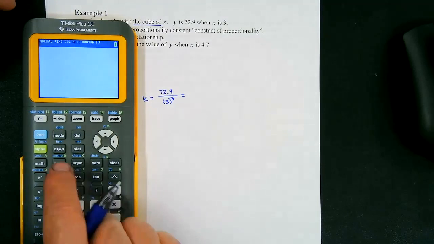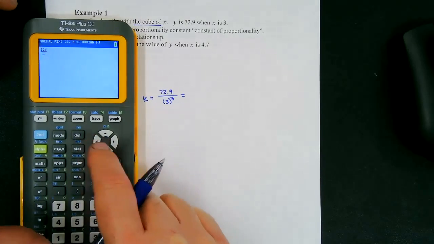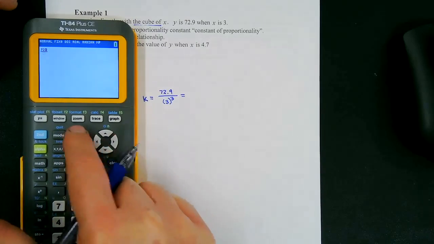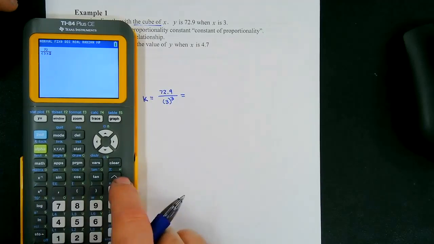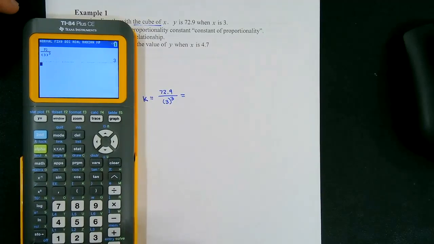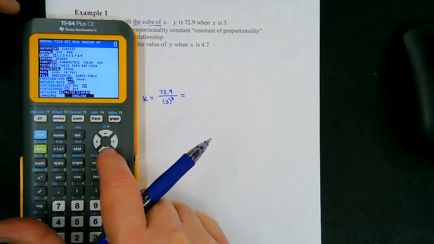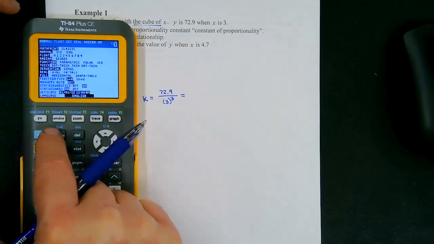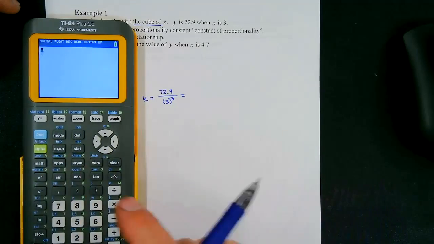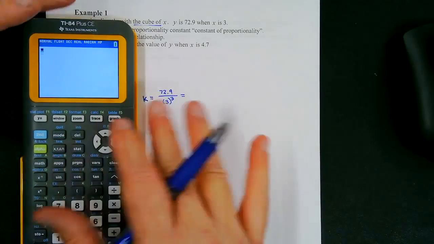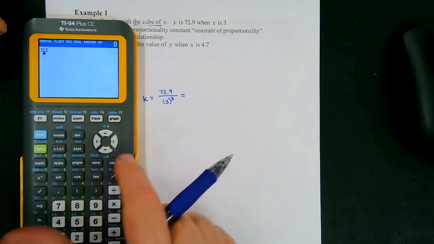Okay, so 72.9, we get that fraction bar, take 72.9 and divide it by, whoops, that's what the fraction bar is for, right? We're going to divide by 3 cubed. And so we get, you know what? Hold on. That's not what we should be getting. Okay, so let me start over again, because I had the fraction bar in a setting that was giving me the wrong answer. Okay, so 72.9 over 3 cubed.